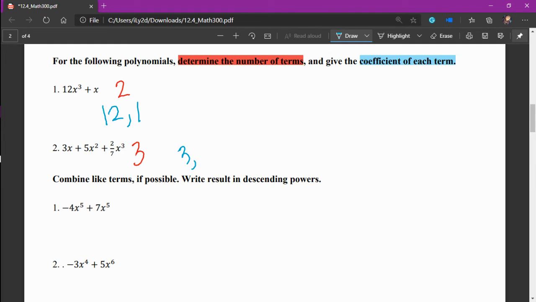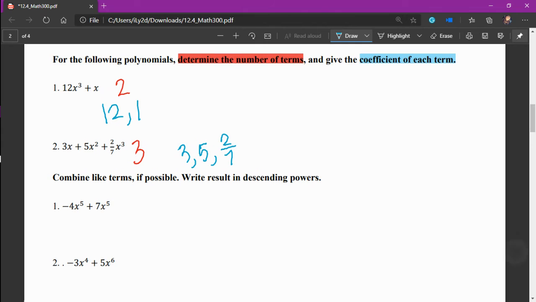The second term is a positive 5x squared, so the coefficient would be 5. The third term is our positive 2/7 x cubed. That coefficient is 2/7, 2 over 7. Does that make sense, y'all?